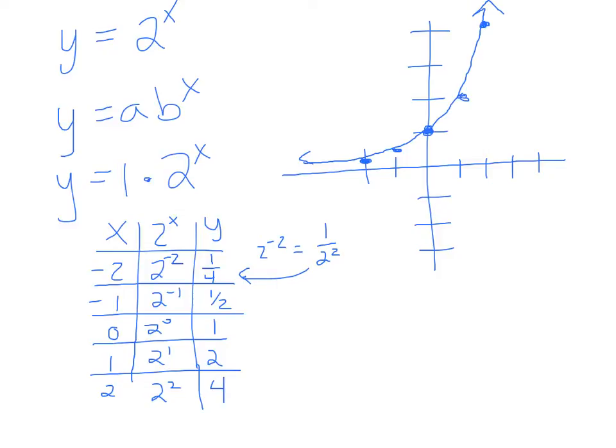Question: will this ever be below 0? Is there anything I can put in for x up there that will allow the value for y to be 0 or less than 0? Think about it. If you put in a number for x that's positive, like 1, 2, 3, it's just going to get really big.